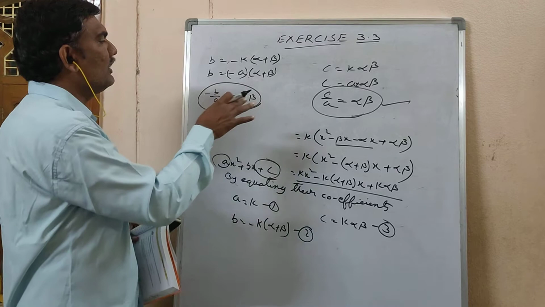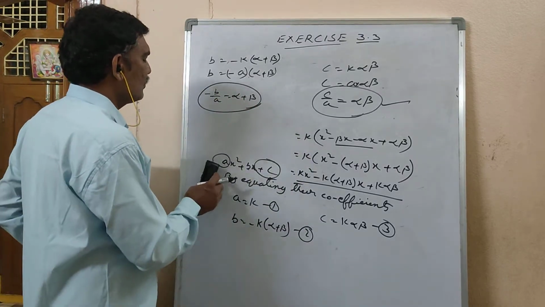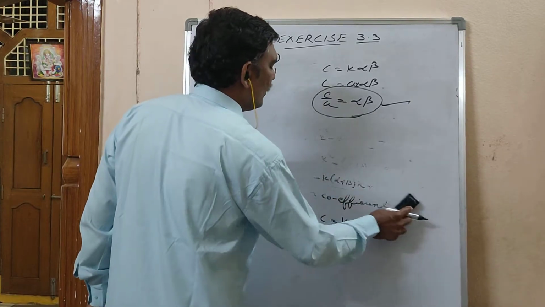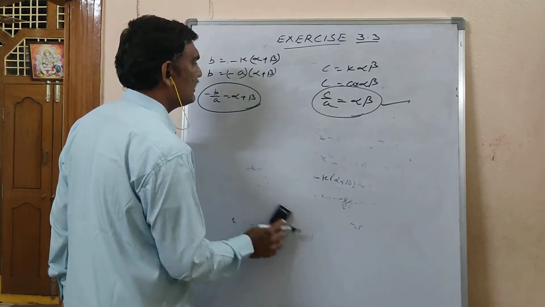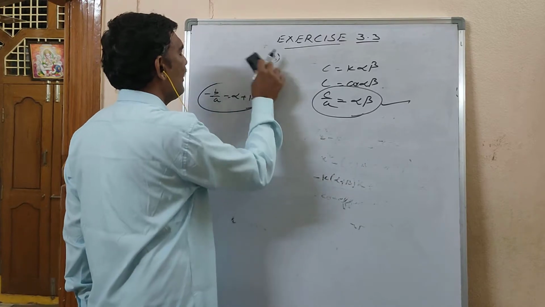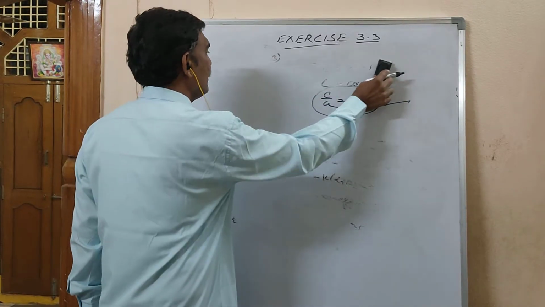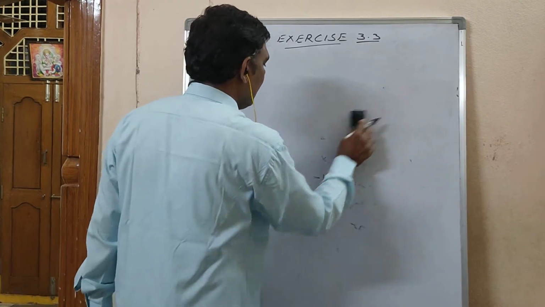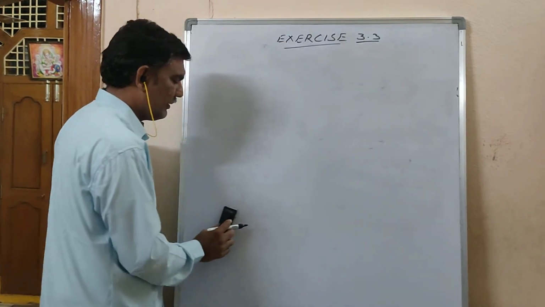So if you know these two, we can do so many problems. Okay. So we'll go for some problems, examples. But you have to remember these two formulas, sum of zeros and product of zeros. Sum of zeros is minus b by a, product of zeros is c by a.